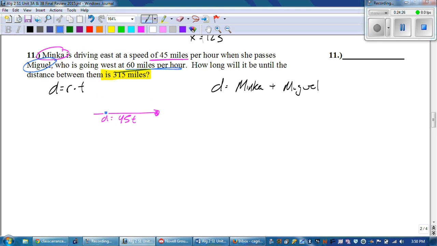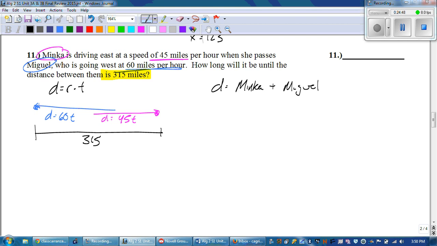Now Miguel, going in the opposite direction, his speed was 60 miles per hour, and it's the same thing, 60 times the amount of hours. I want to know when that total distance is 315.